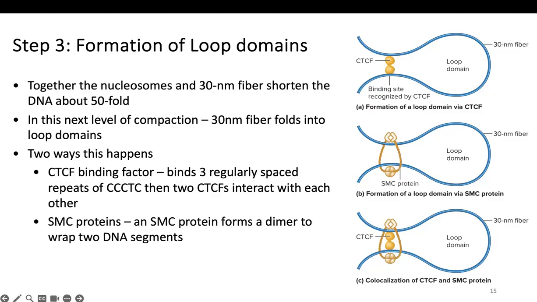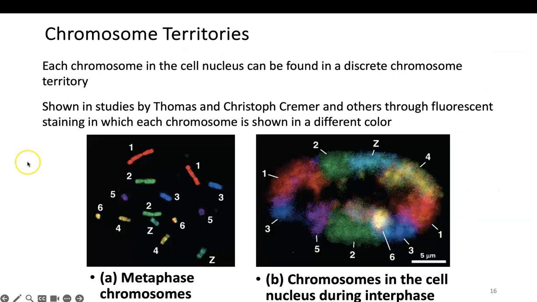The other way is using SMC proteins, which form a dimer that wraps around two DNA segments. Lastly, as you can see in the figure, these two can also work in concert, co-localizing to these particular regions. Each of these chromosomes, organized into loop domains, is then localized into a specific region of the nucleus called the chromosome territory.